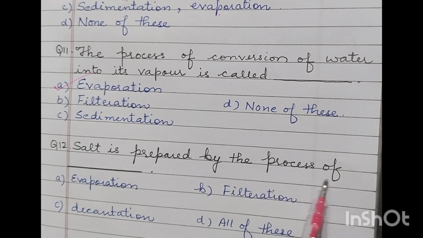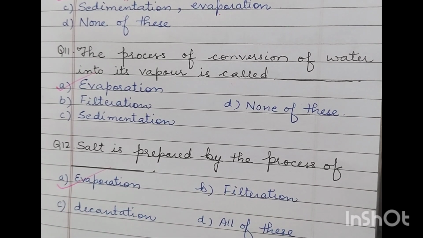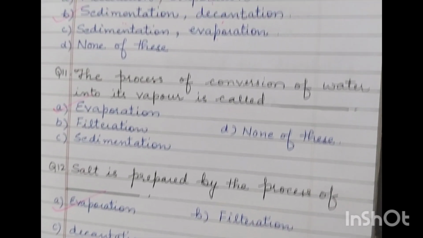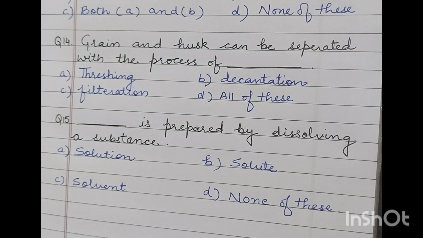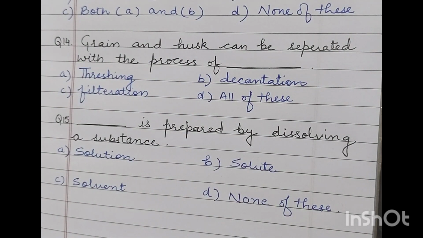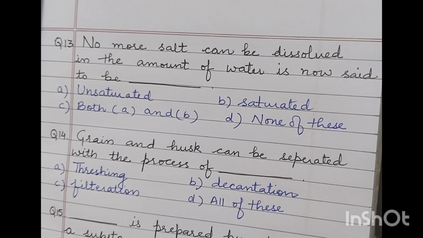Salt is prepared by the process of evaporation, filtration, decantation, or all of these. So my dear students, salt is prepared by the process of evaporation. We are using a huge amount of salt every year. From where does this salt come? By the process of evaporation.